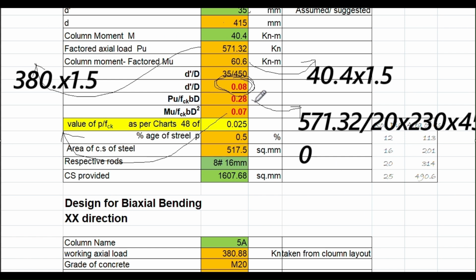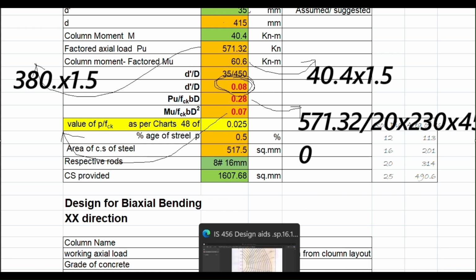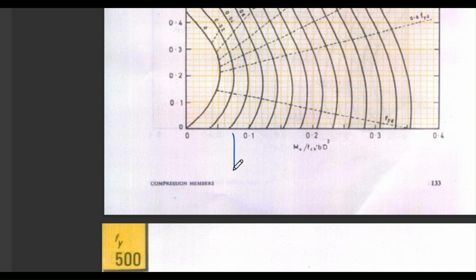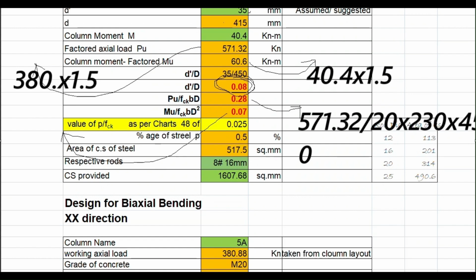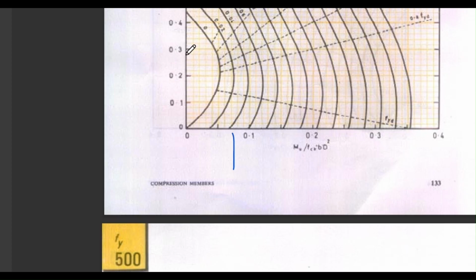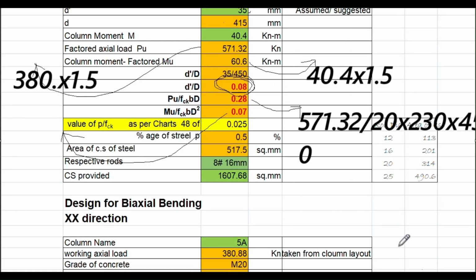Pu by fck equal to 0.28, Mu by fck is 0.07. This is 0.07, 0.28, another value is 0.288. So interpolating this, we are coming here, the factor is 0.02, so this is exactly 0.025. If we arrive at it correctly, 0.025, we should type it in the yellow line.